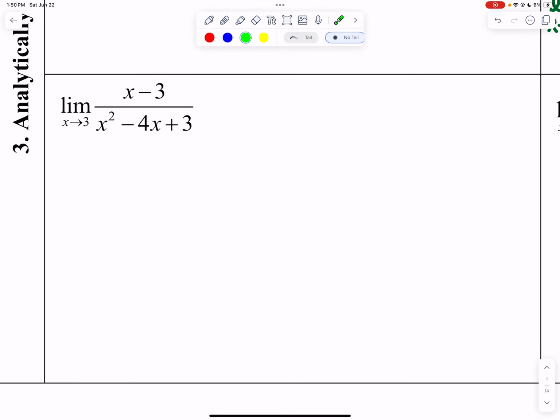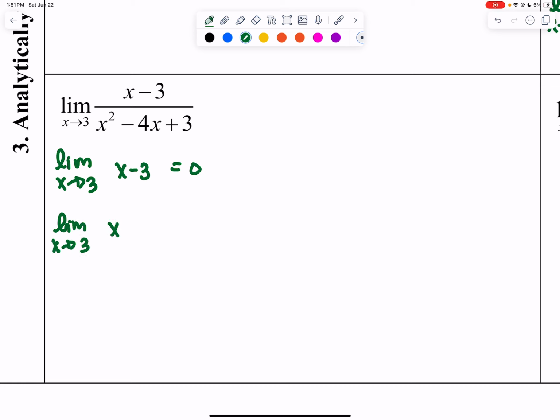Same thing here. I have x minus 3 over x squared minus 4x plus 3, and I want to see what happens when x approaches 3. You'll probably notice that my numerator is going to give me 0, and my denominator is also going to give me 0. So this is an indeterminate form of 0 over 0.